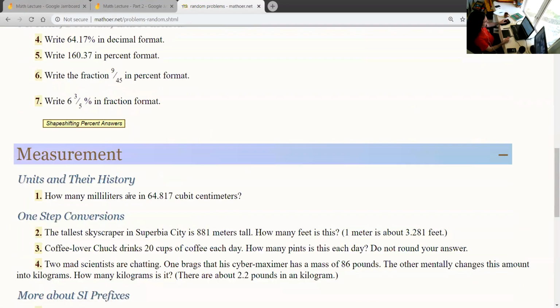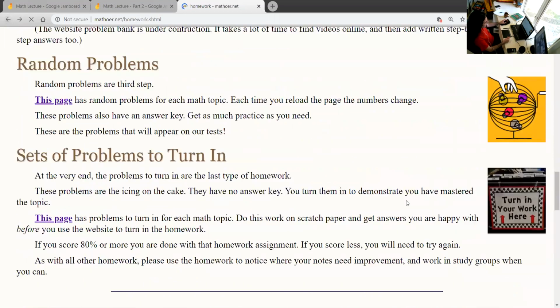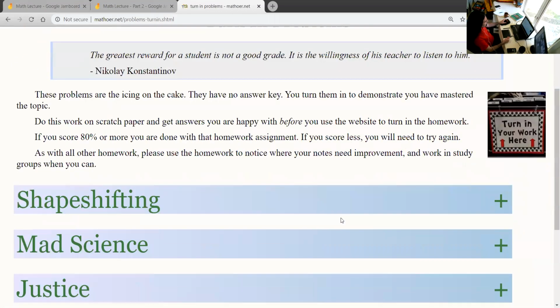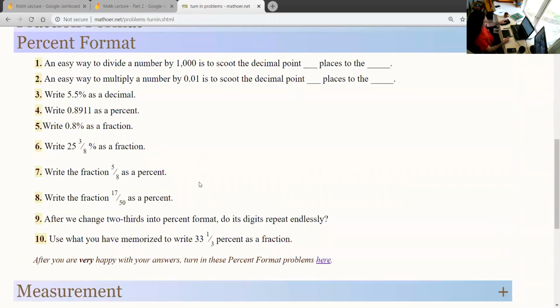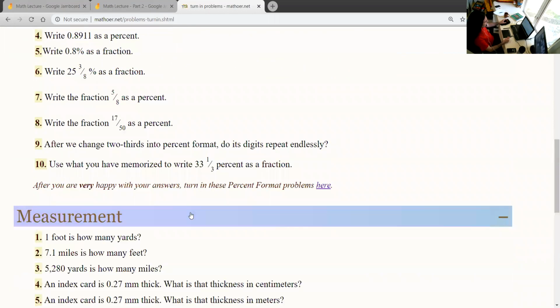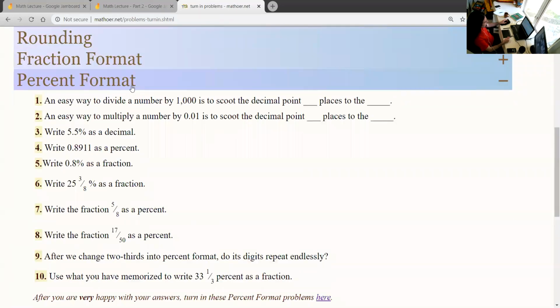And in measurement, you have things you can do. Once you've done your random problems, go to the turn-in problems. And again, percent, that should look pretty familiar now. And measurement, we haven't done all of measurement. So converting things we can't do yet. So measurement we're not ready for. But you maybe can turn in percent if what we did today makes sense.